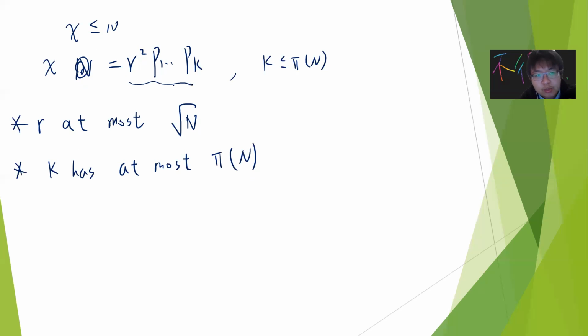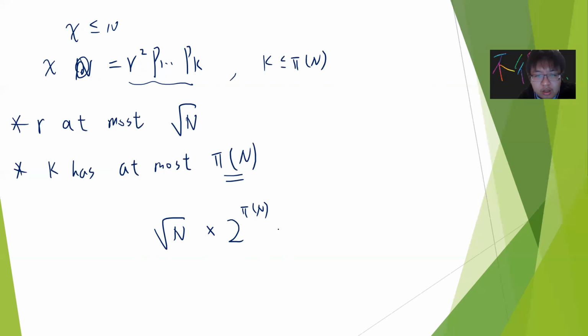So the number of possible ways on the right hand side will be at most square root of n times 2 to the pi of n, because there are at most pi of n primes less than n, and you can choose to use each or not. And all these combinations must be greater than or equal to n, because each number less than n can be written in this form, maybe with repeated factors.